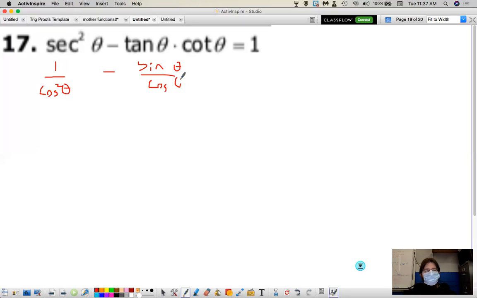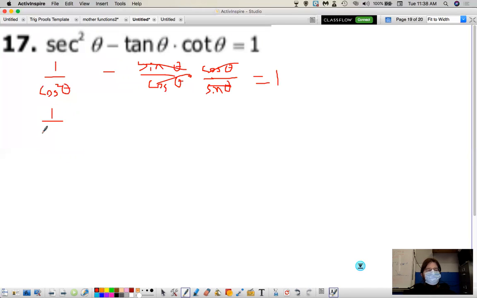That's the quickest way? No, not actually. That's cosine over sine. You could have also used reciprocal identities to just say cotangent is 1 over tangent, and they'd cancel out anyway. But either way you do it, cosines are gone, sines are gone. This is just a 1.